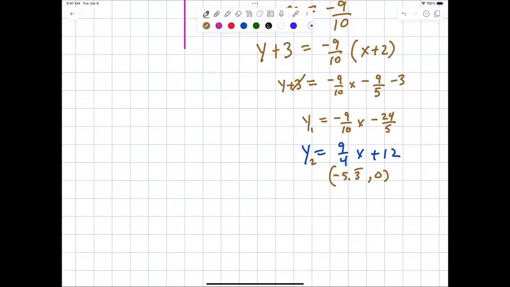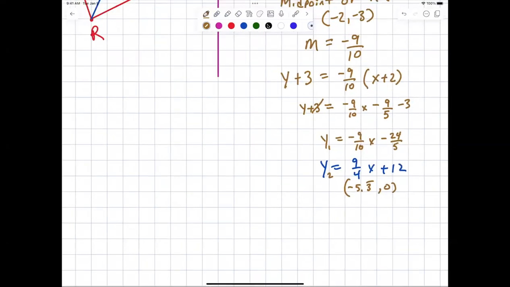Well, come on up here. Let me show you what you did wrong. Negative 9/10 x minus 24/5. 9/4 x plus 12. Second calc intersection 5. Enter, enter, enter.